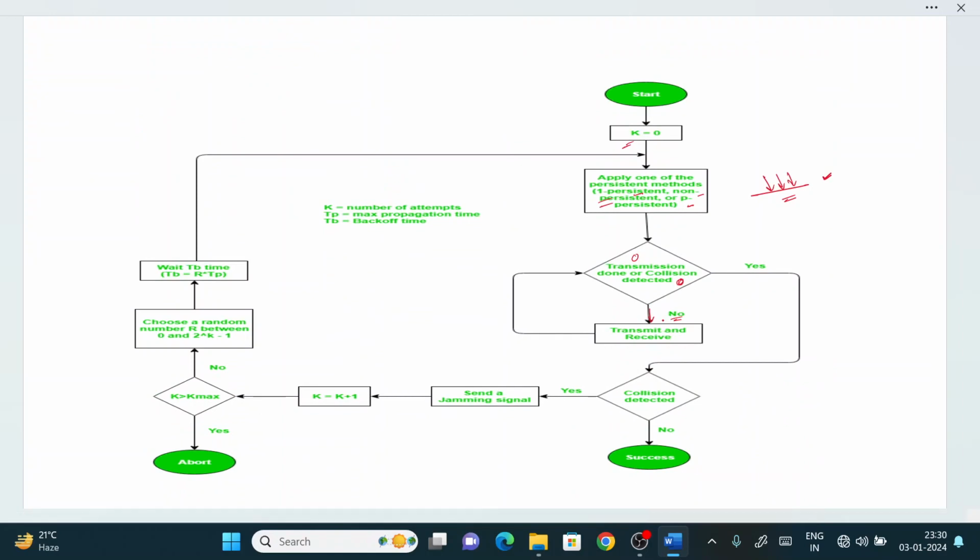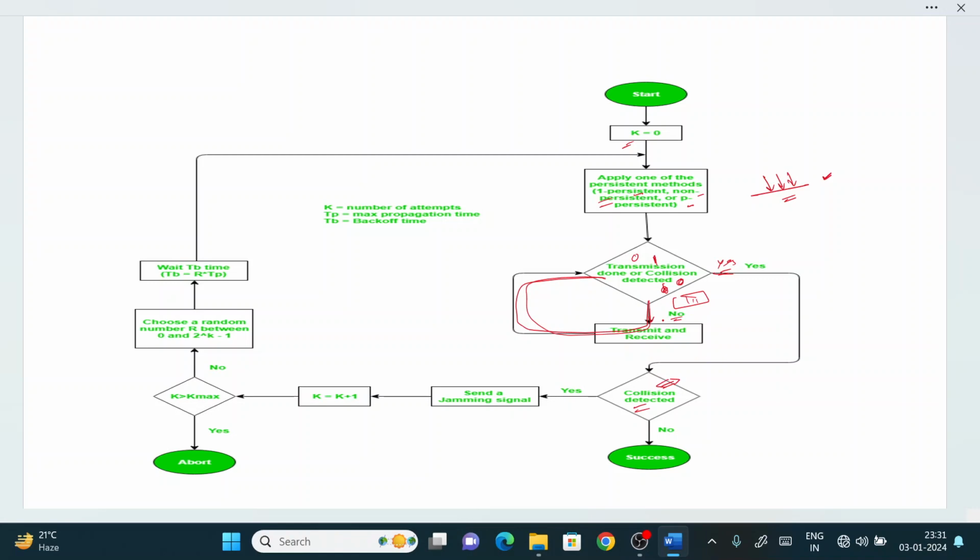Now if any one of these is activated, something is happening. If transmission is completed, then we are going to check whether the collision is detected or not. Internally this loop will run for multiple time periods. Once all the data is sent, it checks whether a collision was detected.